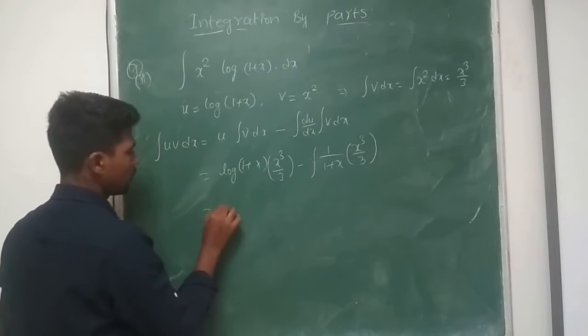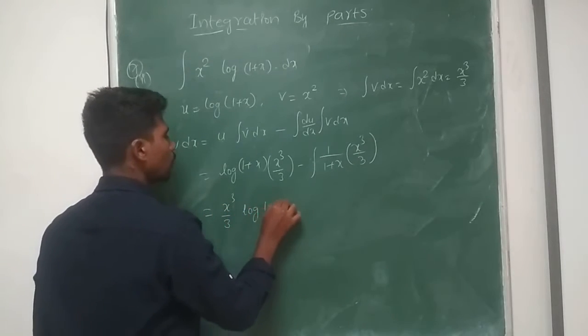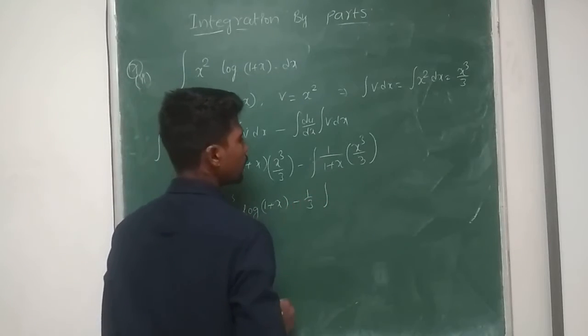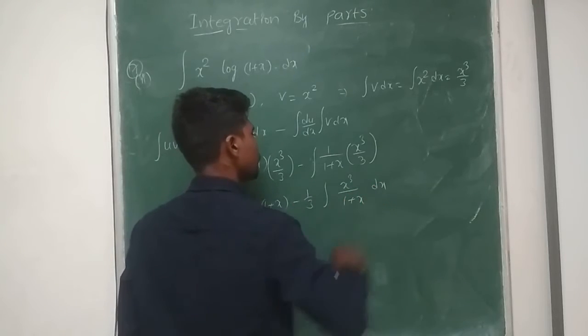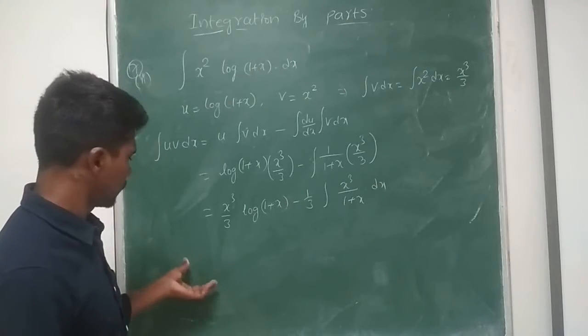So now x cube by 3 into log 1 plus x minus 1 by 3 into integral of x cube by 1 plus x dx.